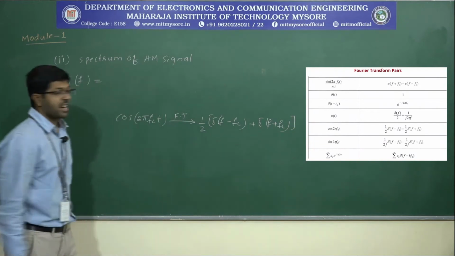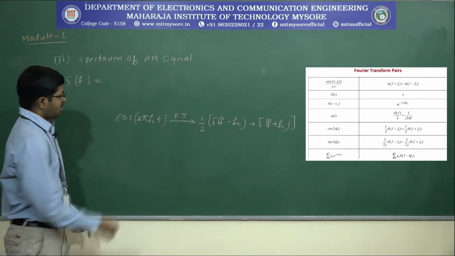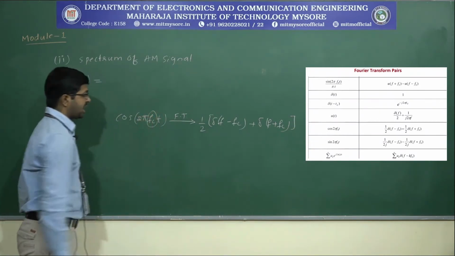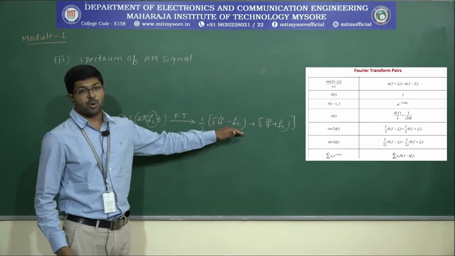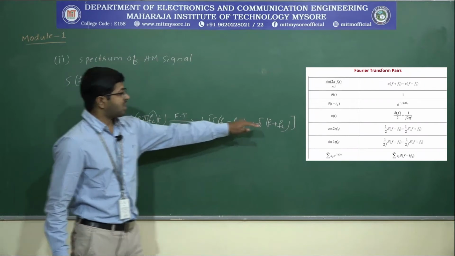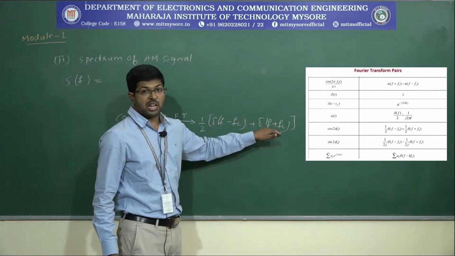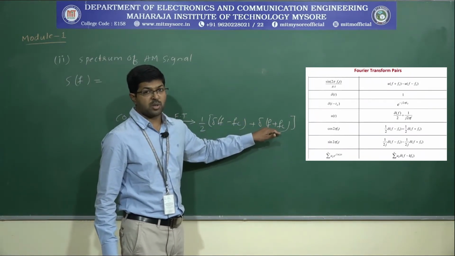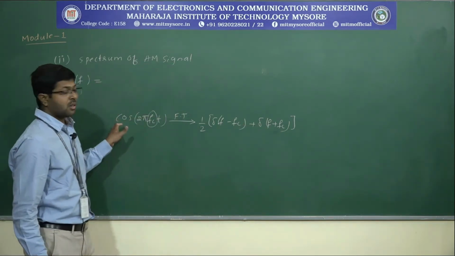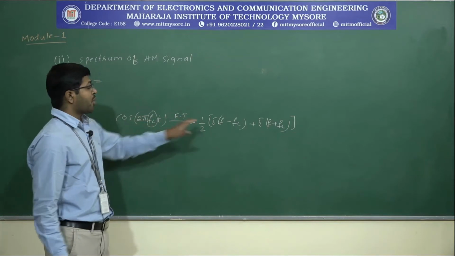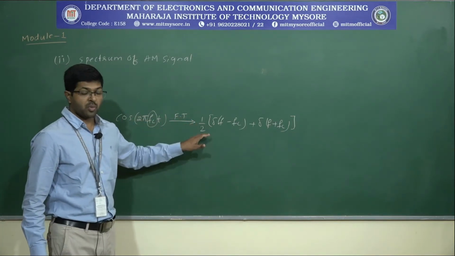This is the standard equation. Whatever frequency is here, it is shifted right, that is, the positive frequencies. Here it is shifted left, the negative frequencies. And the magnitude, as compared to the time domain, is 1 by 2.